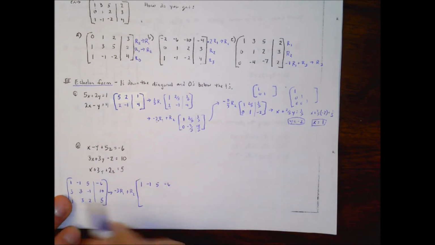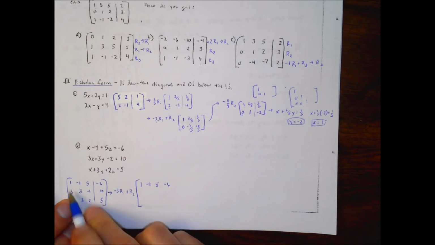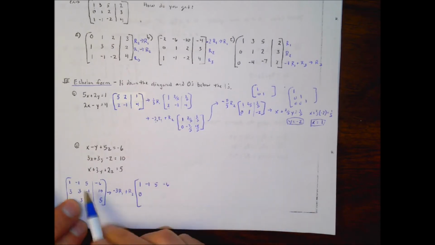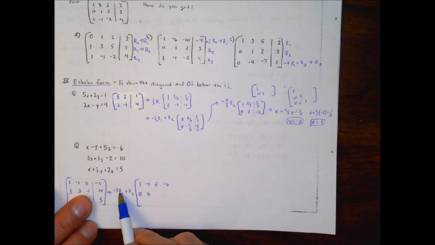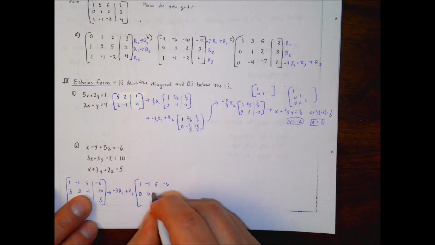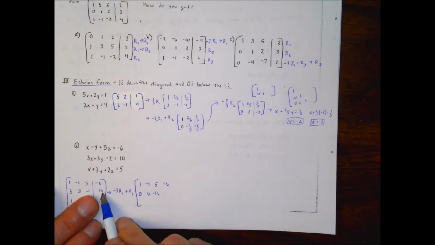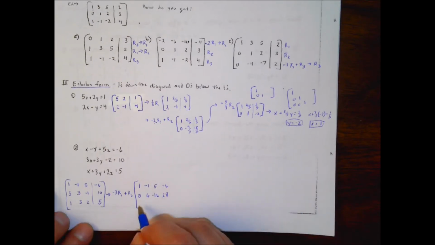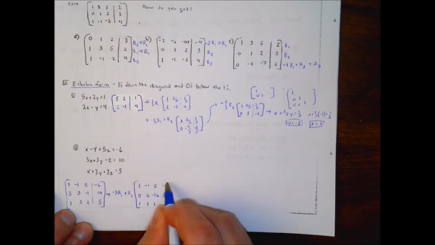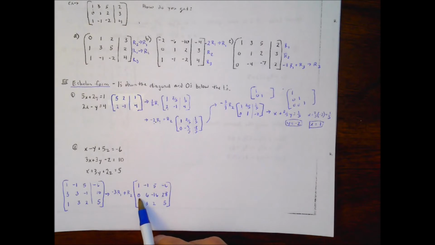Negative 3 times negative 1 is 3, plus 3 is 6. 5 times negative 3 is negative 15, plus that would be negative 16. Negative 30, sorry, up here. 6 times, it'd be 18, plus 10, 28. Okay, so we have that 0 there now.